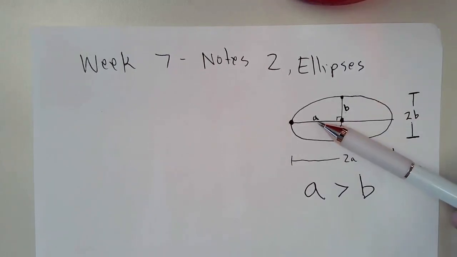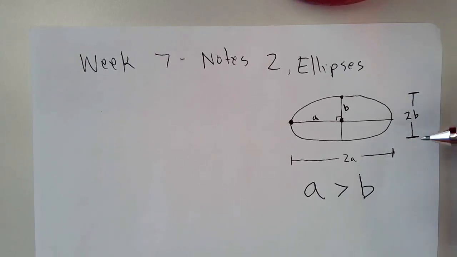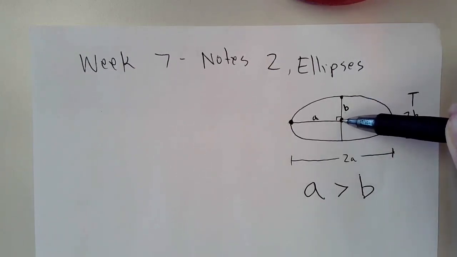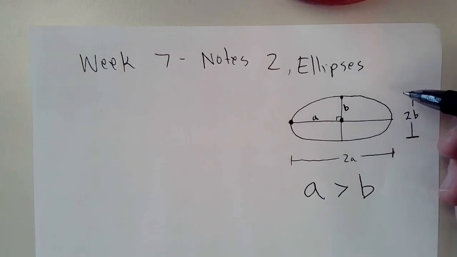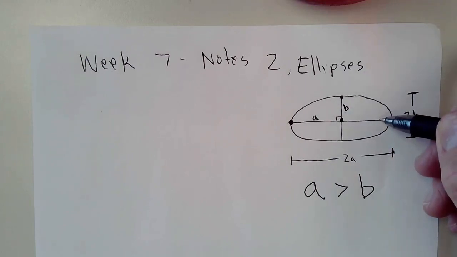So we have an a value, we have a b value, and then we also have a c value, and the c value is similar to the parabola. The c value is the distance from the center of the ellipse to the focus, and there are actually two focuses, and if we have multiple focuses, we call them foci.